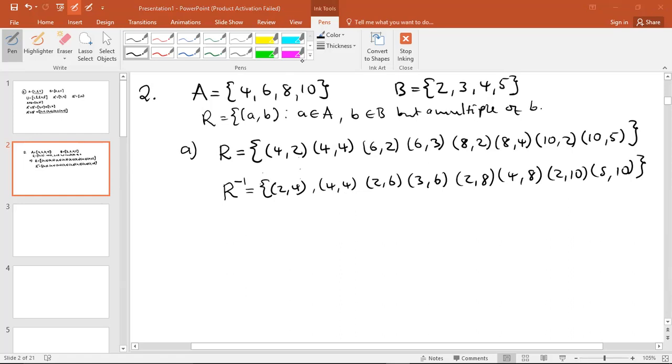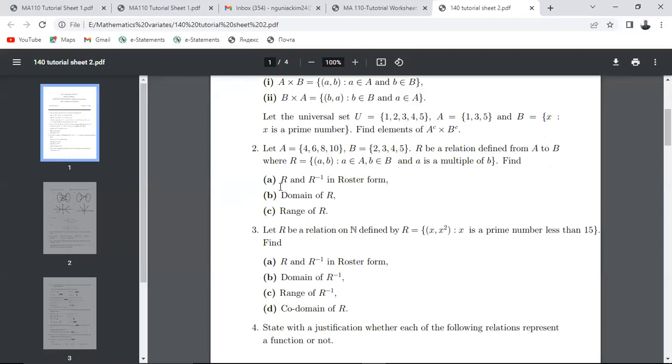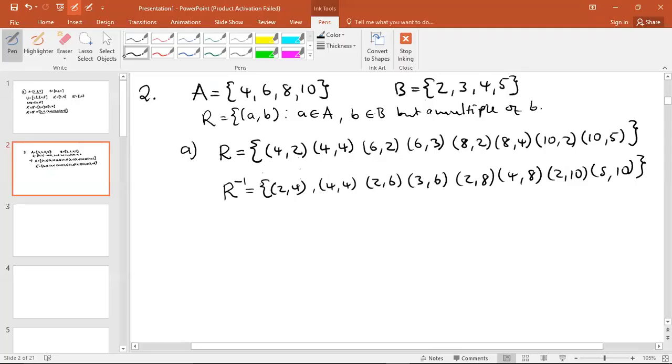Now let's look at the second domain. Domain is the values of x if you are to plot this, and we all know that coordinates are written in the form of x comma y. So now what they want is the domain of Hara.